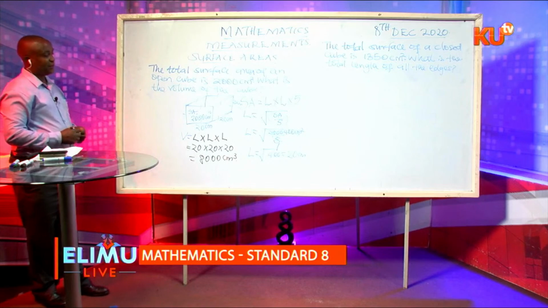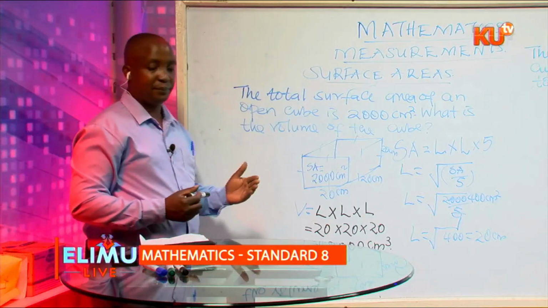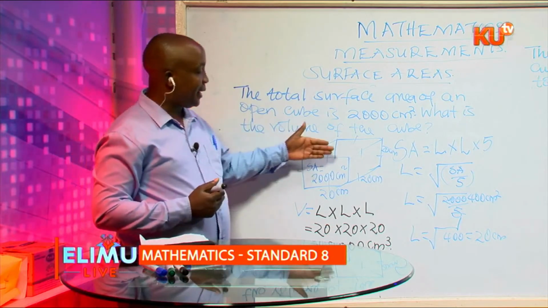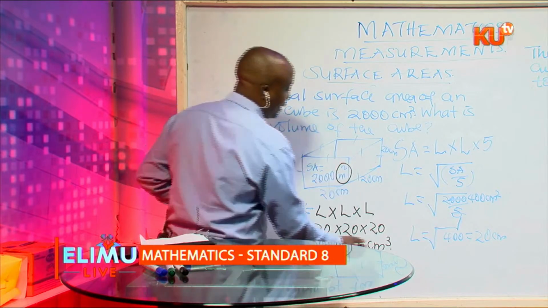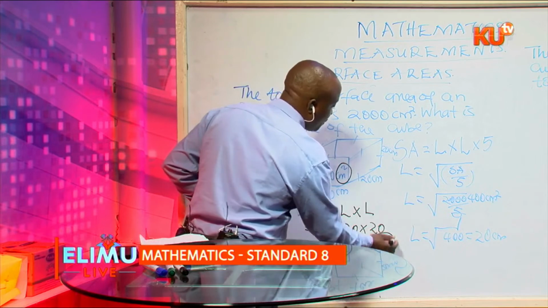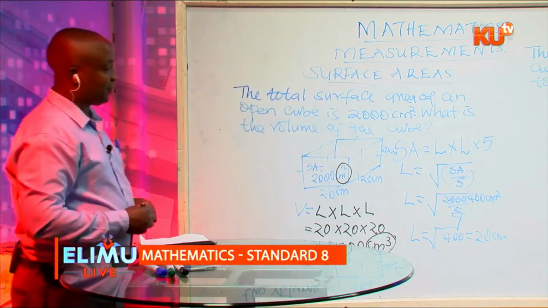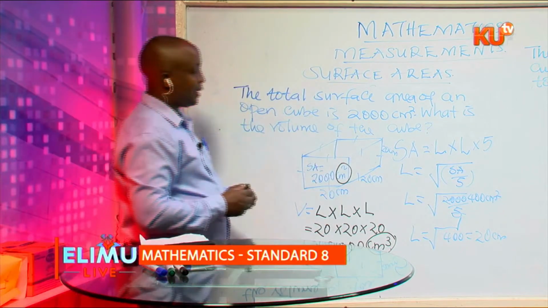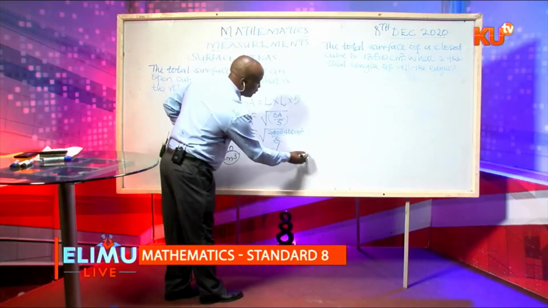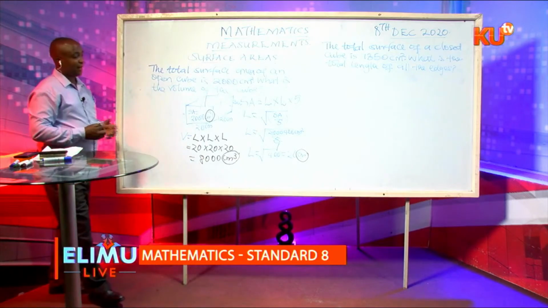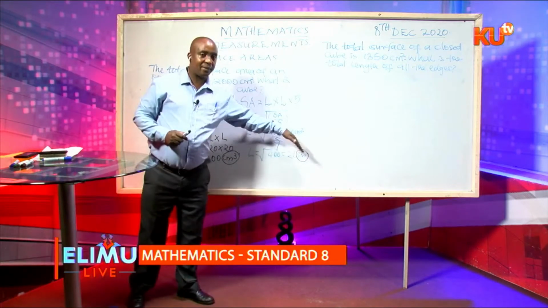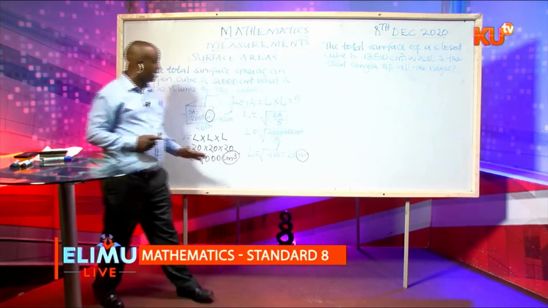Now check the difference between the units. A surface area will give the square units, but when we come to volume, we have cubic units. So don't forget that the length also is no cubic, no square units, it is just plain. So the length is given in plain units, either meters or centimeters.